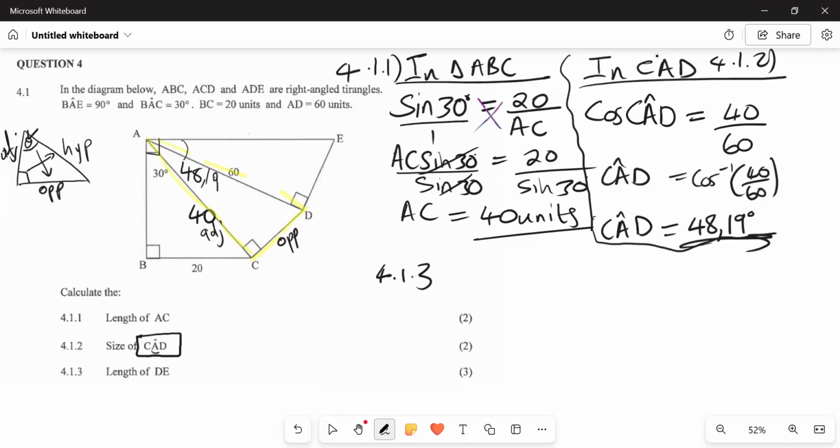So the point of departure here is to add all the angles, right? And look for the angle DAE. So how do we get DAE? DAE is equal to 90 degrees minus 30 degrees plus 48,19 degrees.